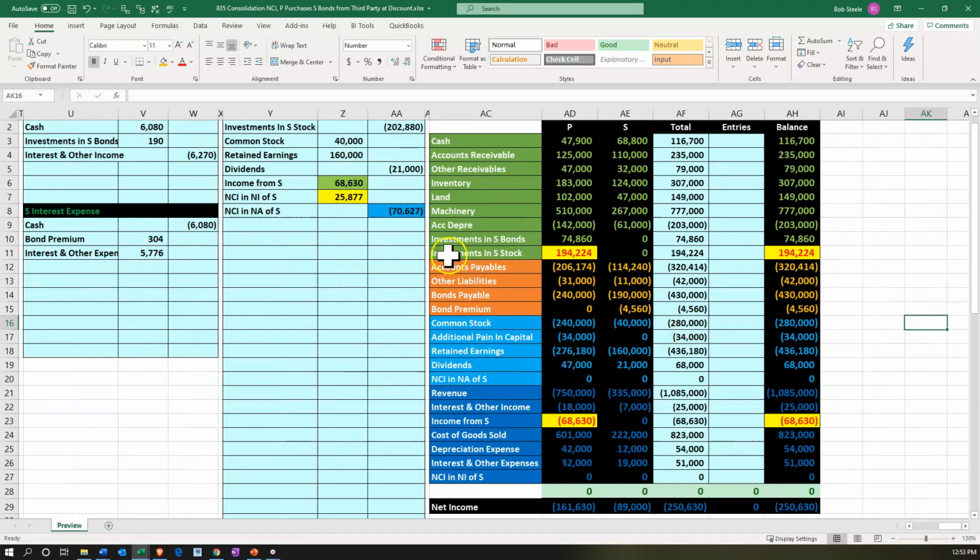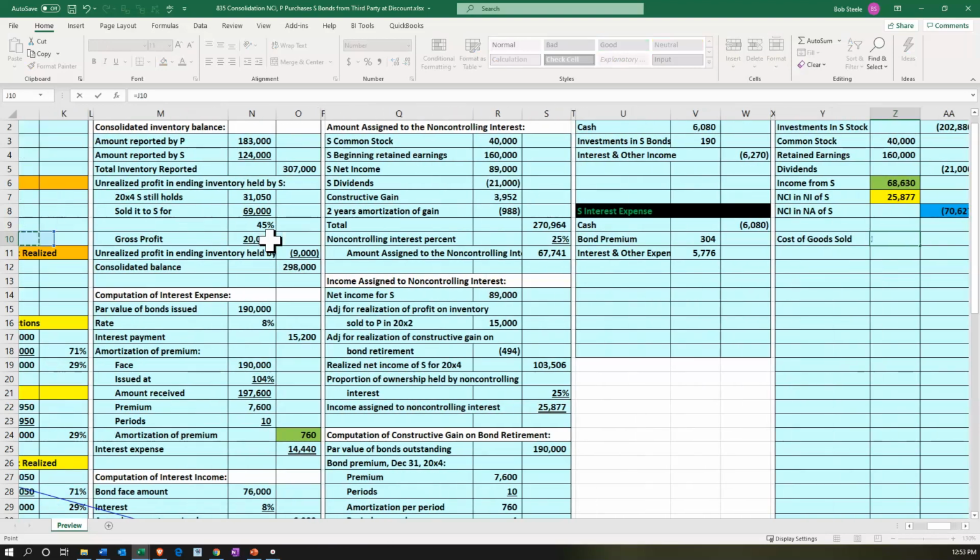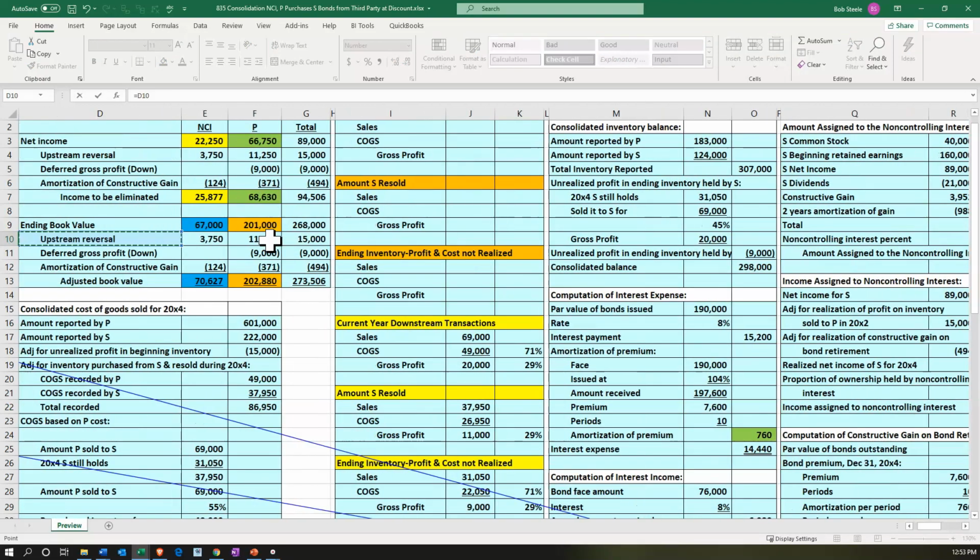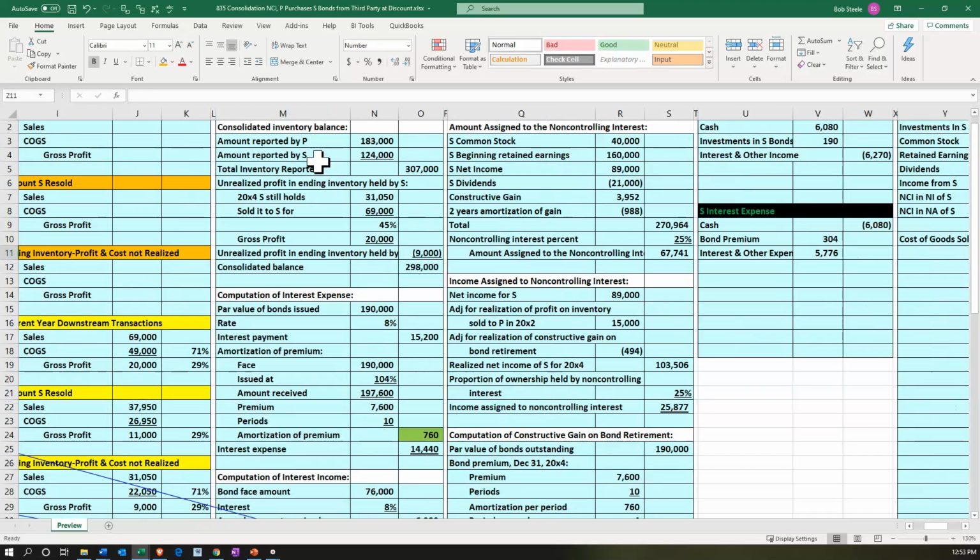Okay, and then we're going to say cost of goods sold. I'm going to increase the cost of goods sold. It's going to be going up by the 15. I like to take the 15 from this table here. So I'm going to be picking up the 15 from this table.